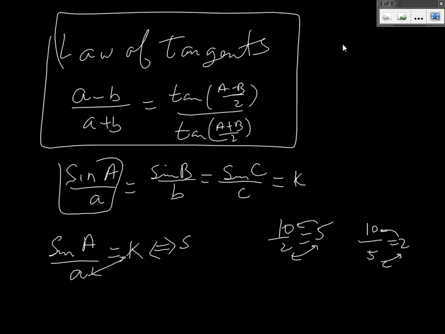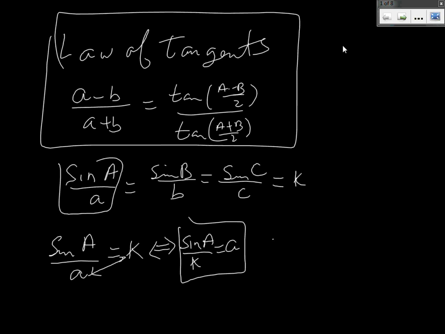So this tells me that the sine of A over k is equal to a. We also know that the sine of B over little b is k.